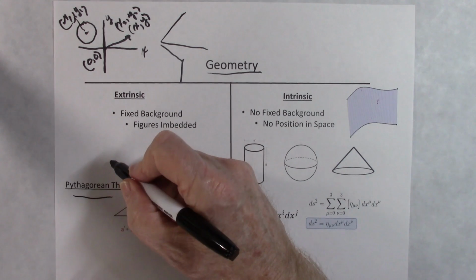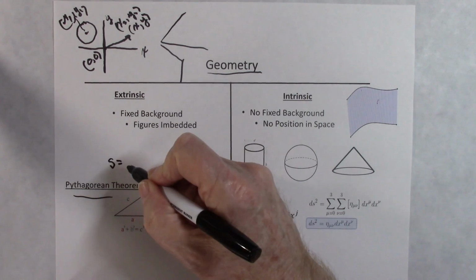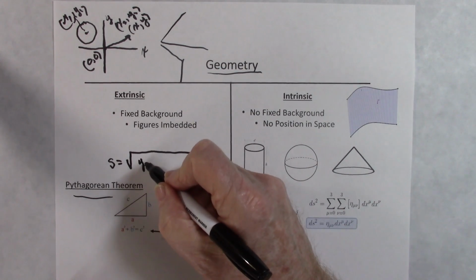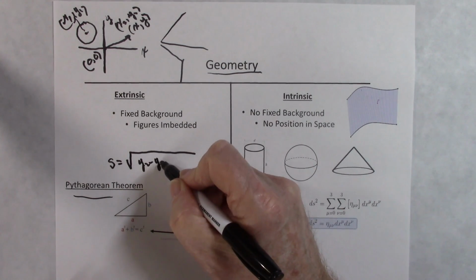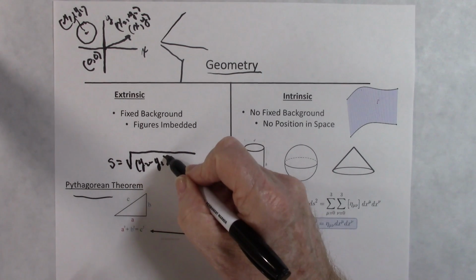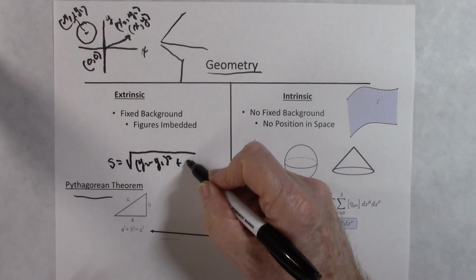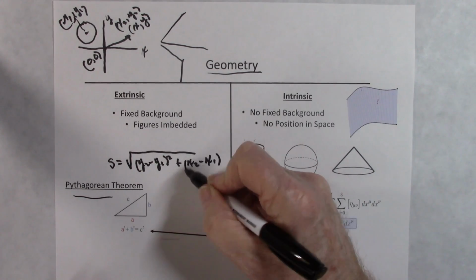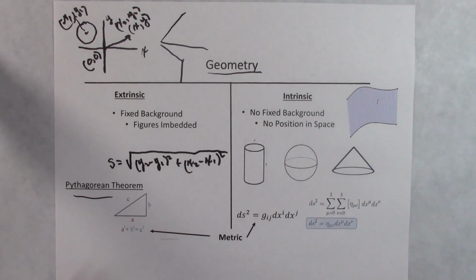The distance s, we'll call it s, is equal to the square root of (y2 minus y1) squared plus (x2 minus x1) squared.